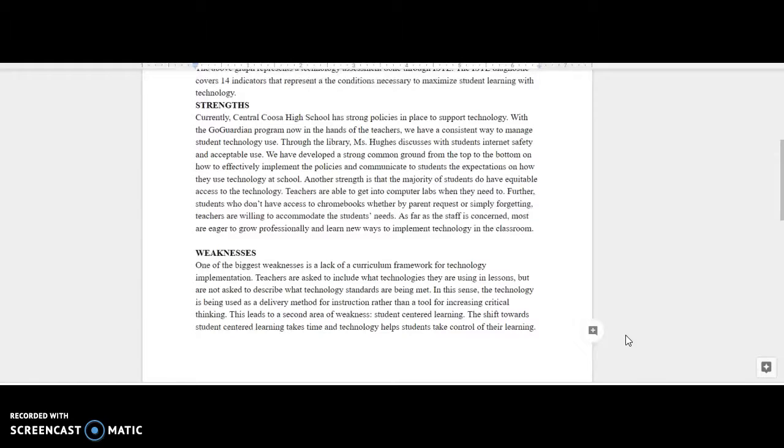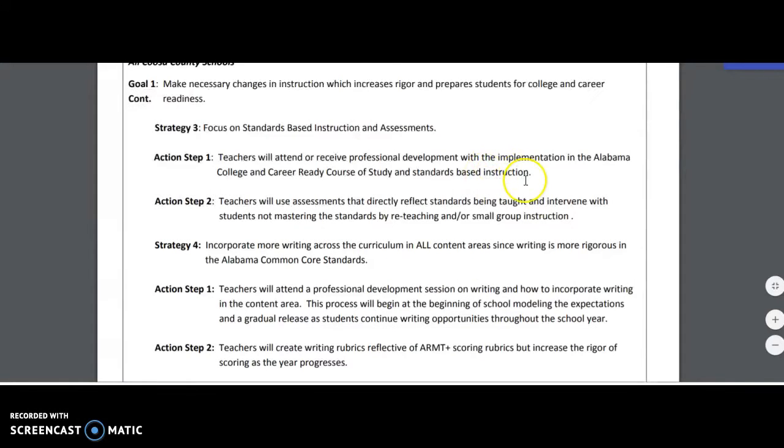And in the shared vision of the school, the strategic plan, they do talk about increasing the rigor with students, and if you look at step 3, using rubrics that increase the rigor as the year progresses. We're seeing that in many subjects, but we're not seeing it all the time, especially with the use of technology.